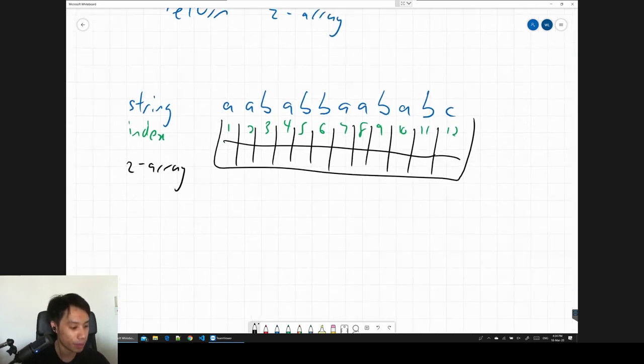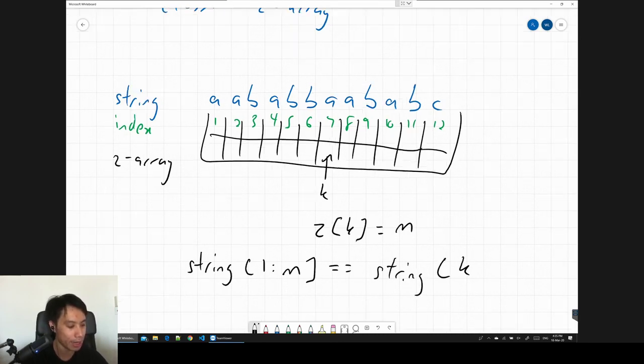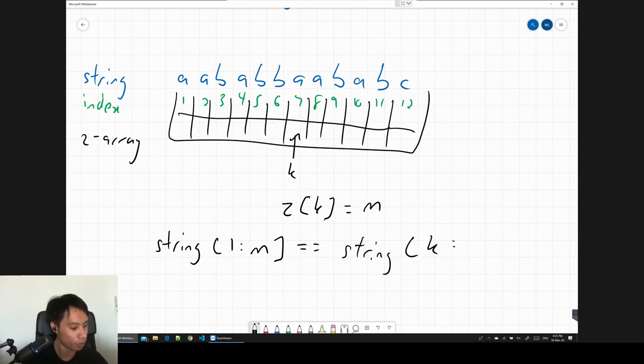For example, let's call my position here K. If my Z of K is, let's say, M, then my string from the first letter all the way up to the M letter is going to be the same as the string from the K letter all the way up to the K plus M minus 1 letter. They are going to be the same.